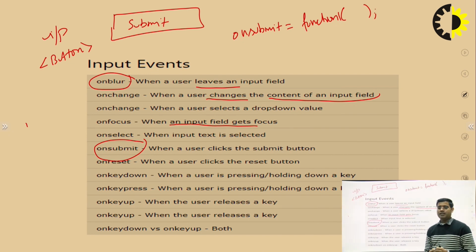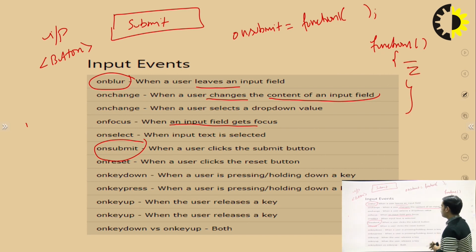So in the JavaScript code, where the name is function 1, some certain code is written inside this block. When the user clicks on this submit button, a certain action, called an event, is performed.